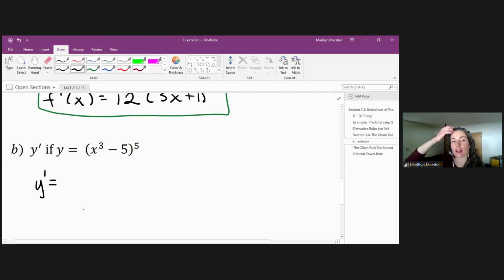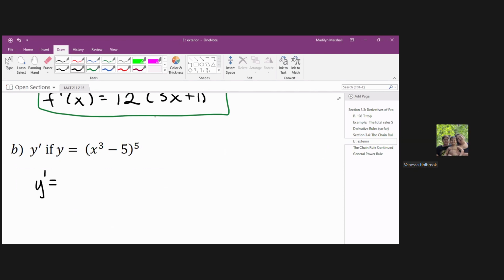So looking at this function, we have y equals x cubed minus 5, all raised to the 5th power. If we're peeling off that first layer, the first layer is the something raised to the 5th power.